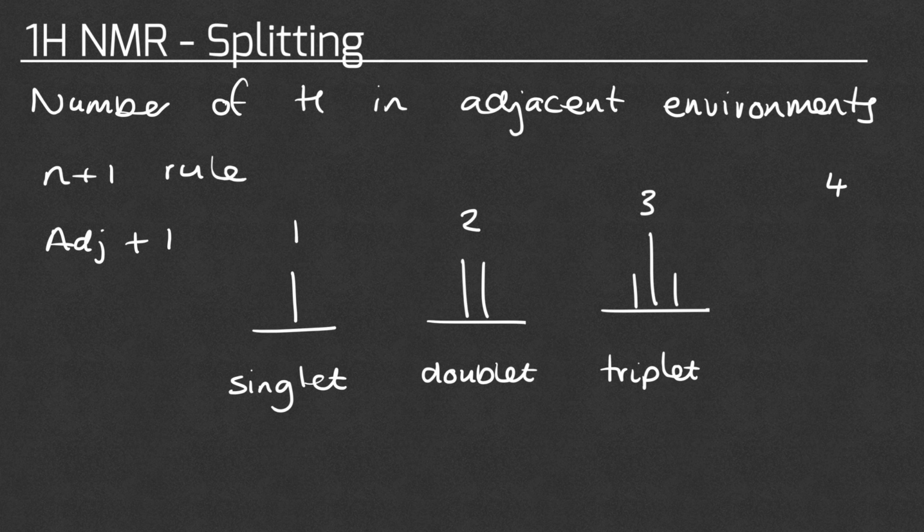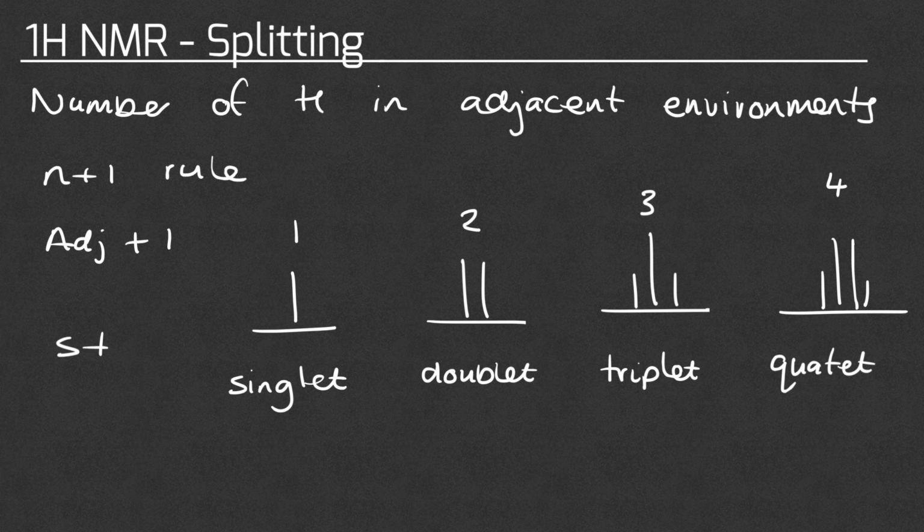If N+1 equals 4, it means we have 3 adjacent hydrogens, as 3 plus 1 equals 4. And this is what that peak would look like. Again, note the relative heights of each of the different peaks. And we would call this a quartet.